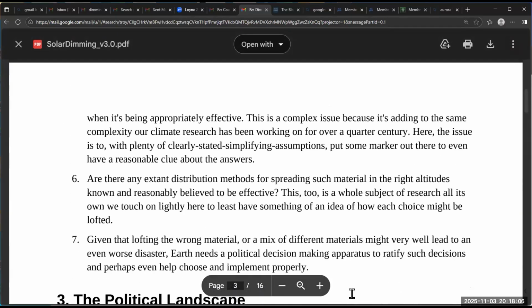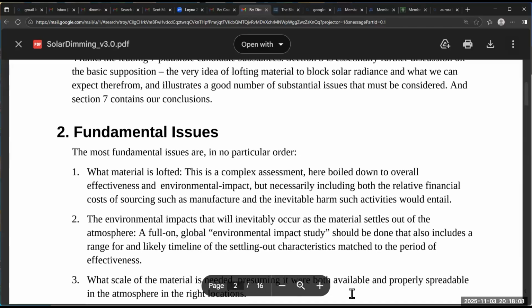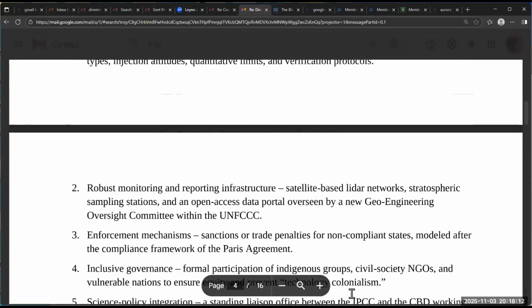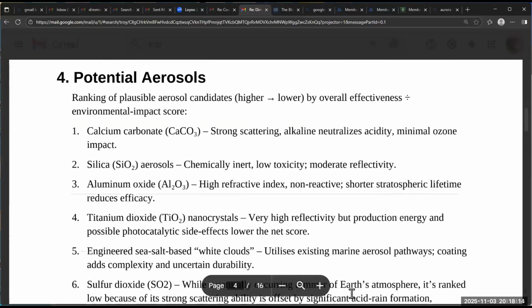It's chemically inert. It's geologically abundant. It reflects sunlight comparable with the best of them.